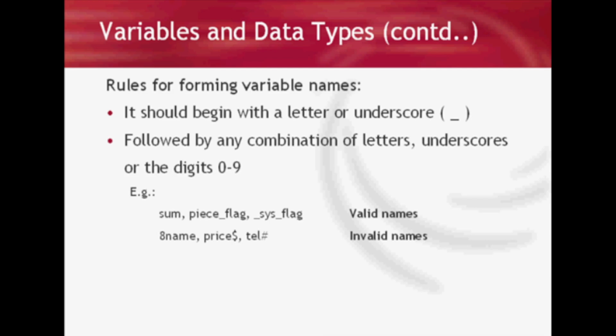For example, SUM, sum, peace_flag, or _sys_flag are examples of valid variable names. Whereas 8name, comma, price$, and tel# are invalid variable names.